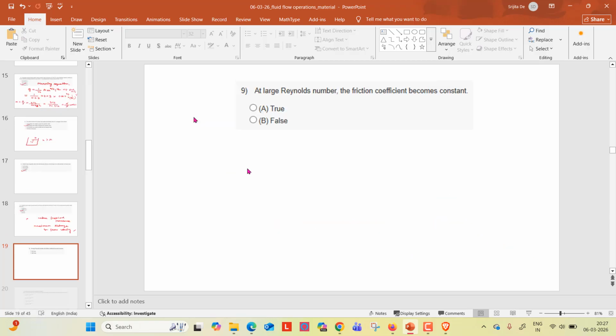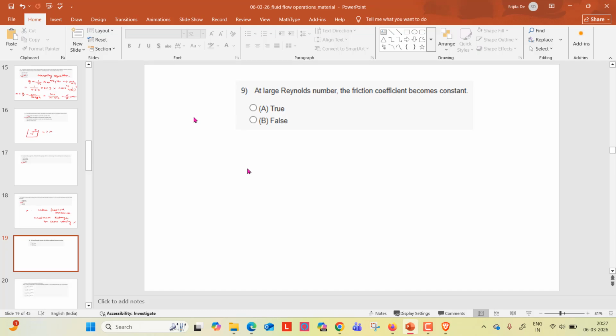Next, at large Reynolds number, the friction coefficient becomes constant. It is true or false? So you have seen in the class the Moody chart, right? If you remember the Moody chart, it is going like this.